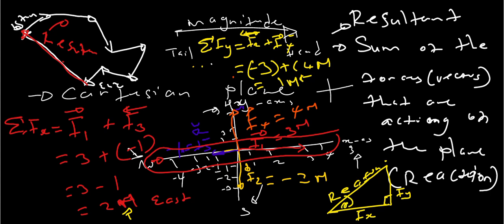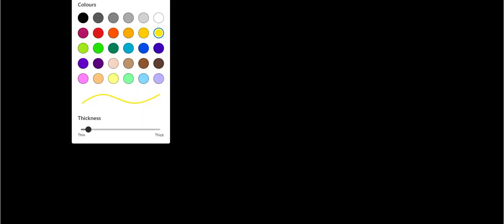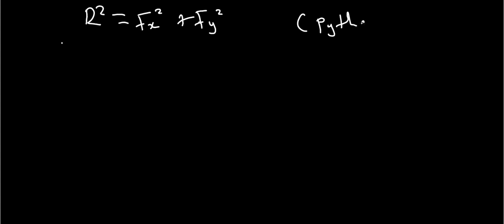So the resultant squared equals the forces acting on the x-axis squared plus the forces acting on the y-axis squared.